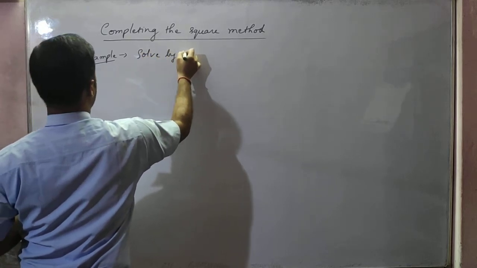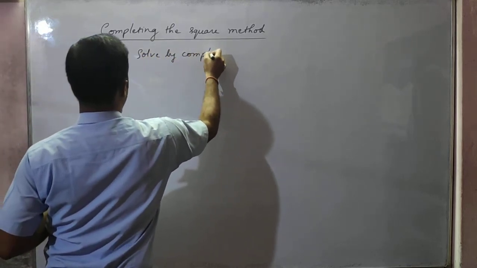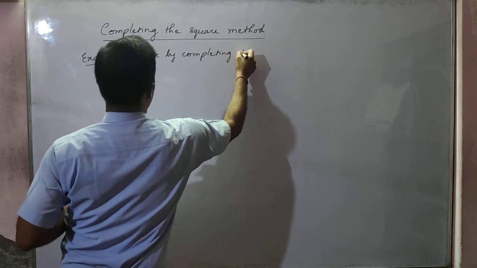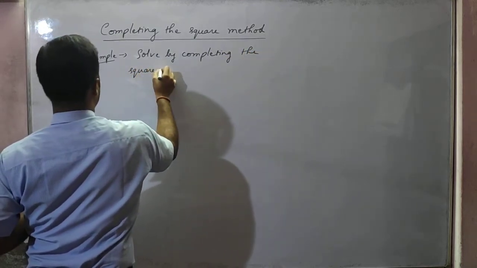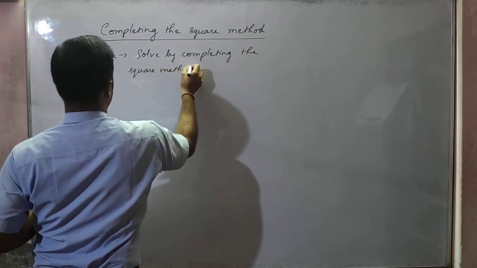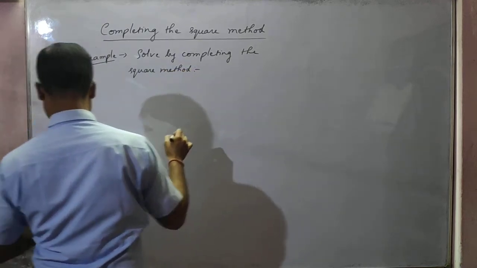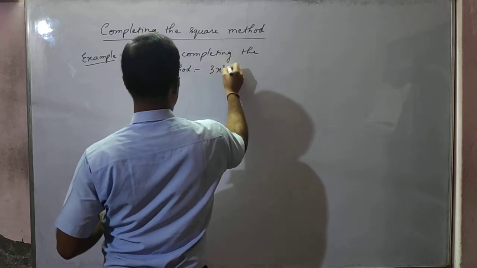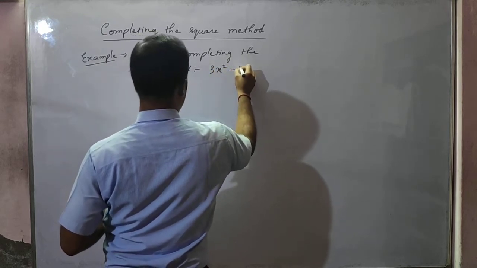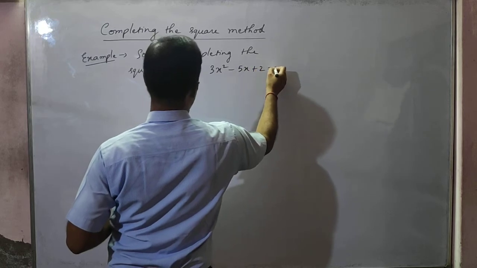Solve by completing the square method. So see the equation: 3x square minus 5x plus 2 is equal to 0.